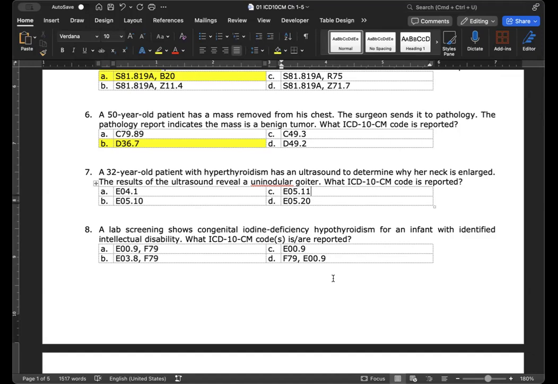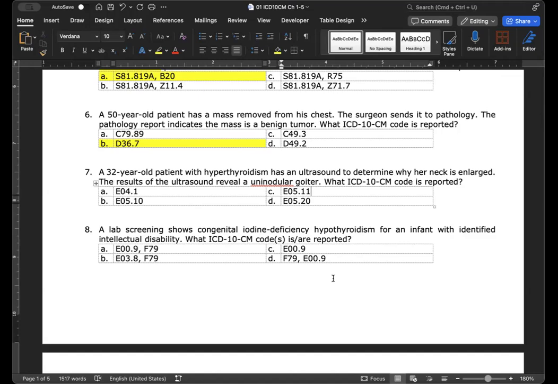So I've got, so Tansy, how did you get E05.20? Yeah, I'm just now realizing this one says multinodular. Well, the multinodular is in the parentheses. Do you remember what the terms inside the parentheses are called?